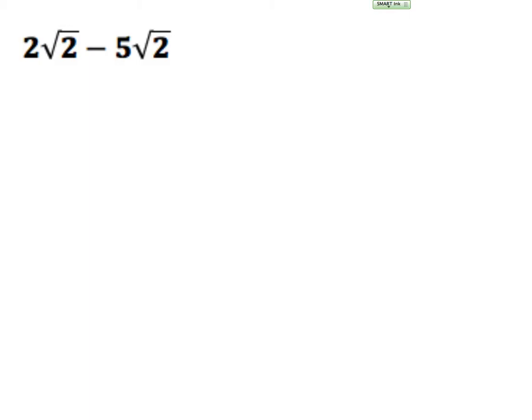Alfred, you got that one? Yeah, it'll be -3 square root of 2, right? Beautiful. All right, let's give Alfred 2 claps on 2. 1, 2. See, I gotta get used to it.